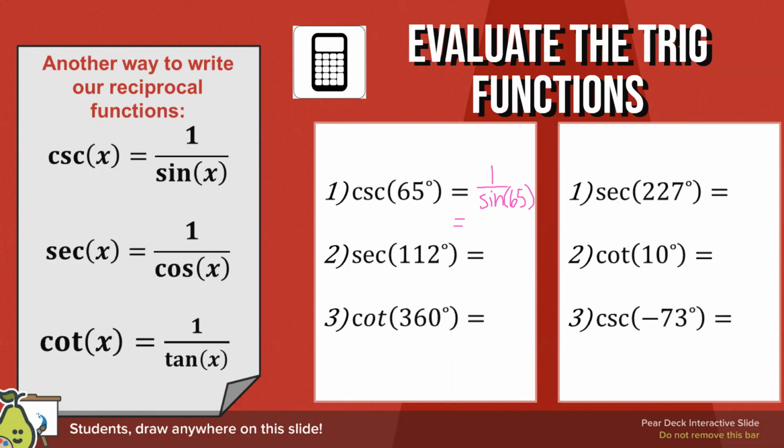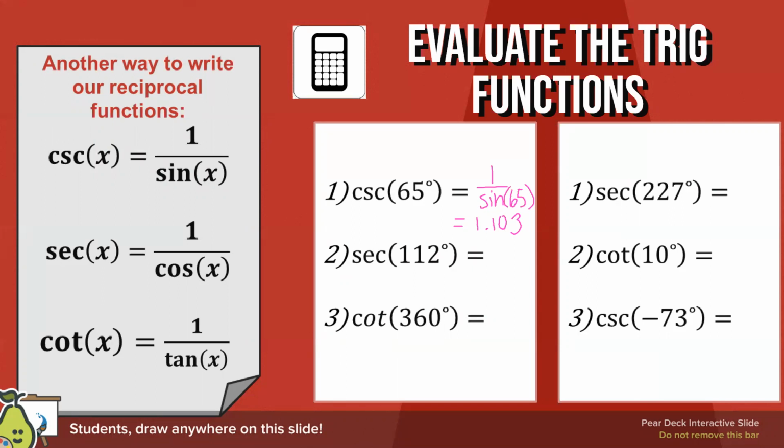And please make sure your calculator is in degree mode, not radians. And when we do that calculation, we just get 1.103377919. I'm going to round to 3 decimal places.